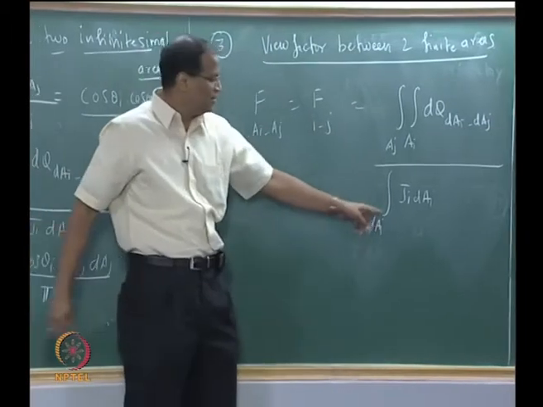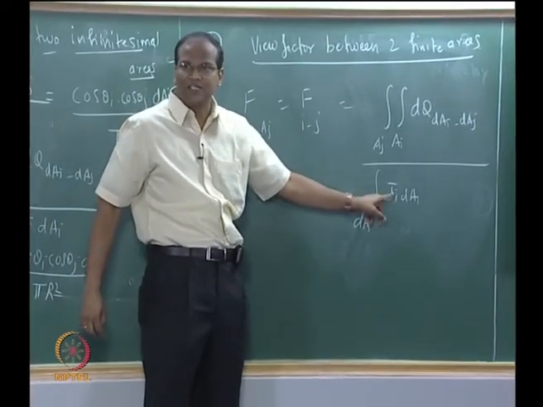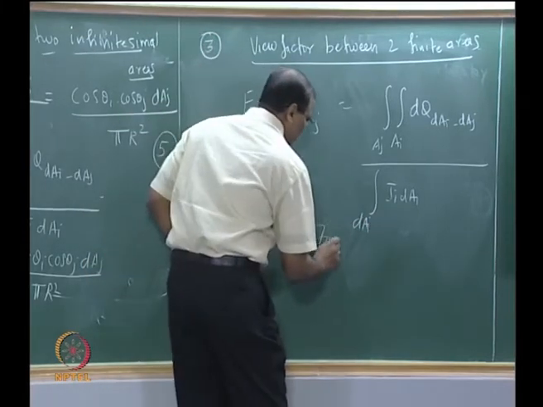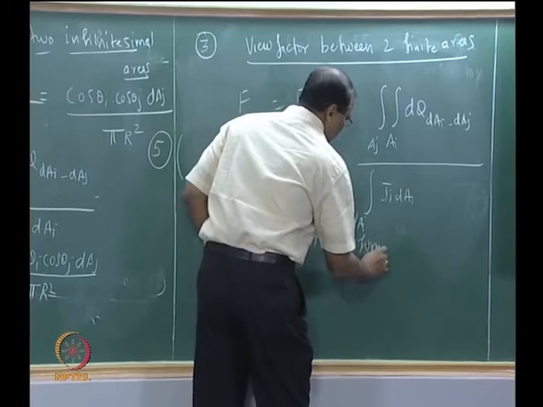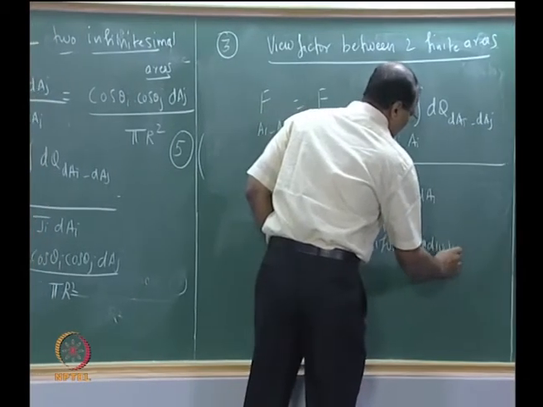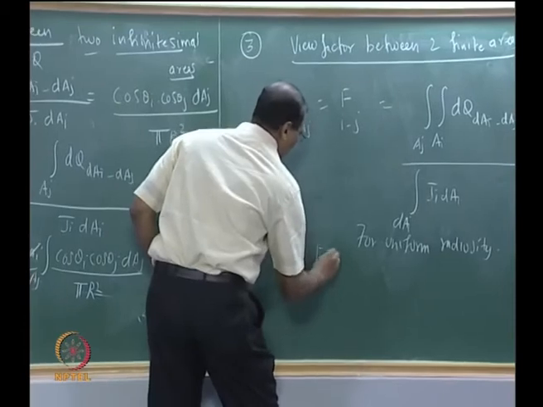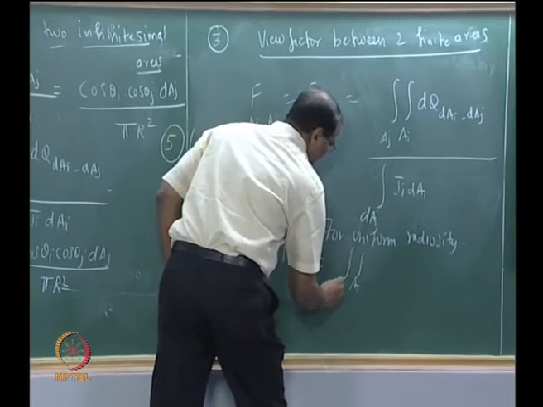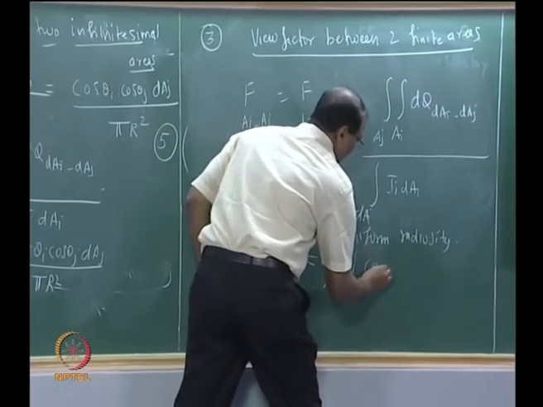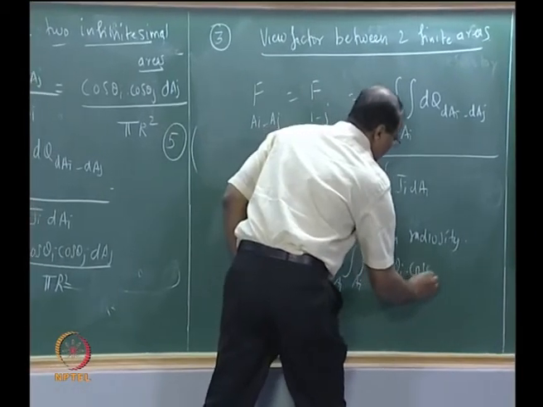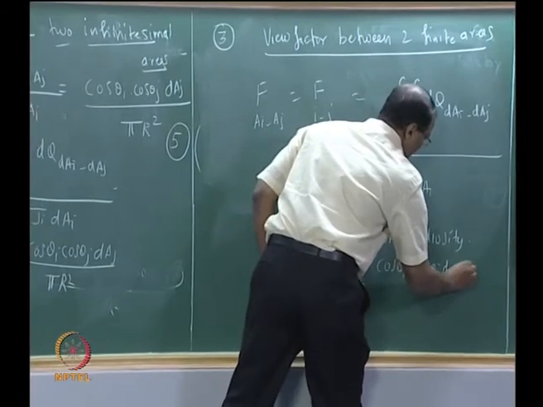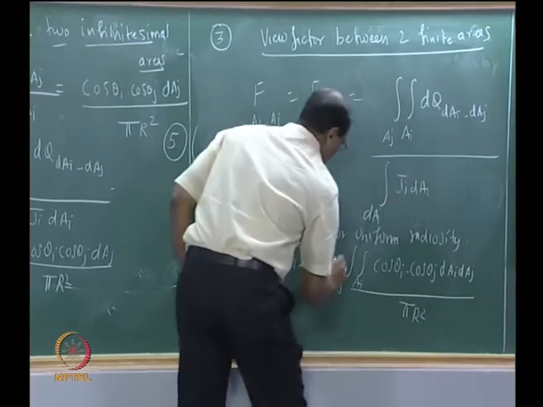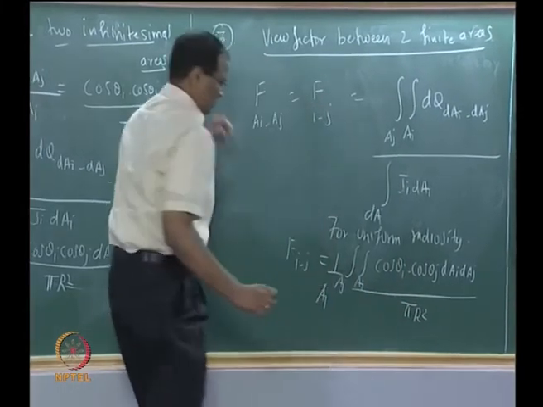If I assume that it is a uniform radiosity, then can I get rid of that? For a uniform radiosity, equal to. Is that correct?